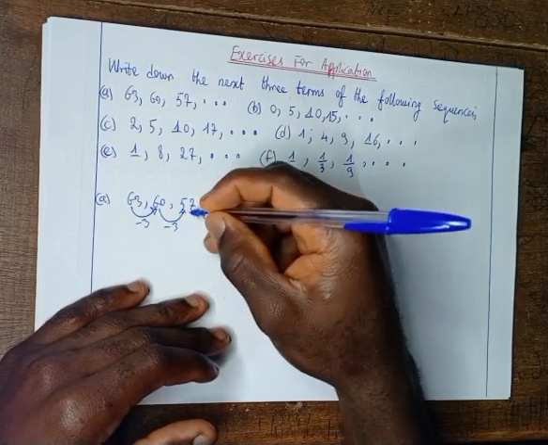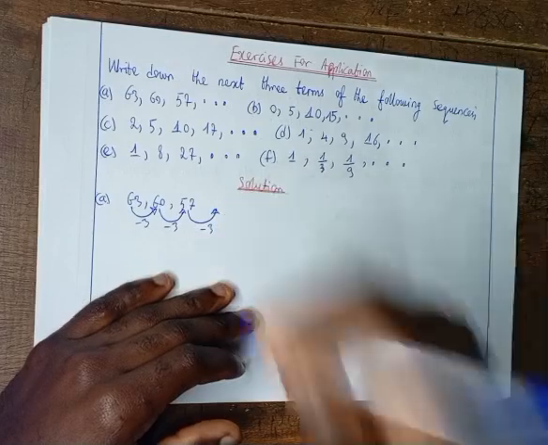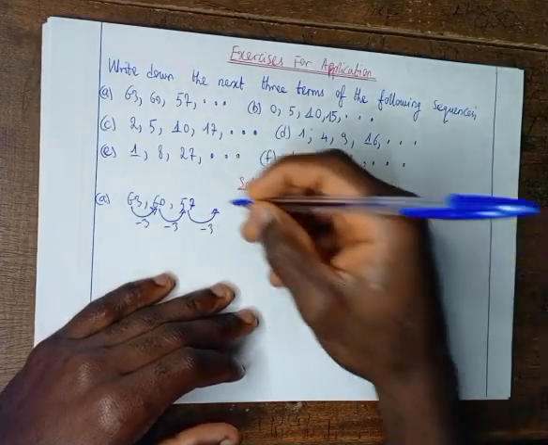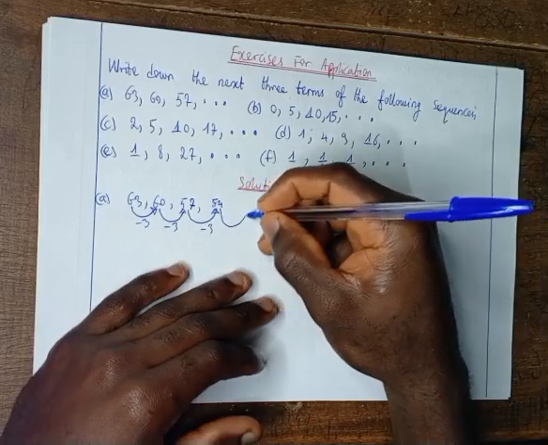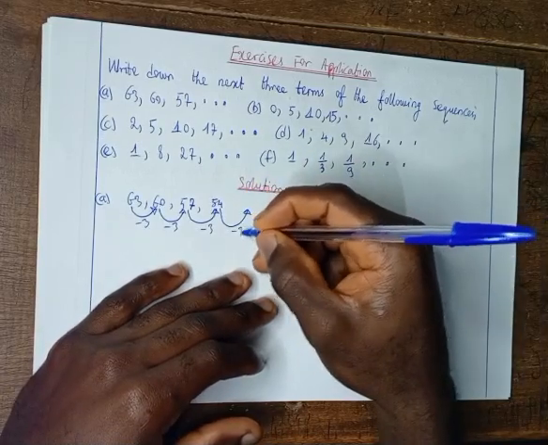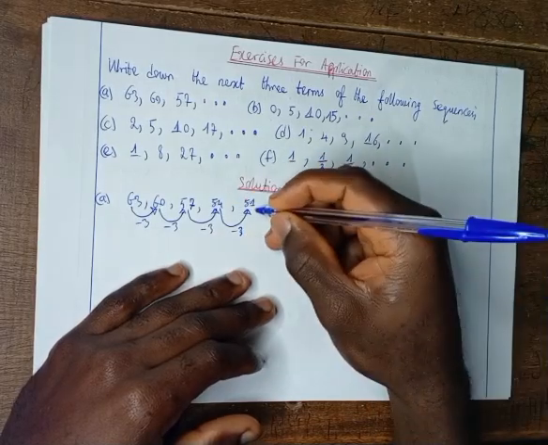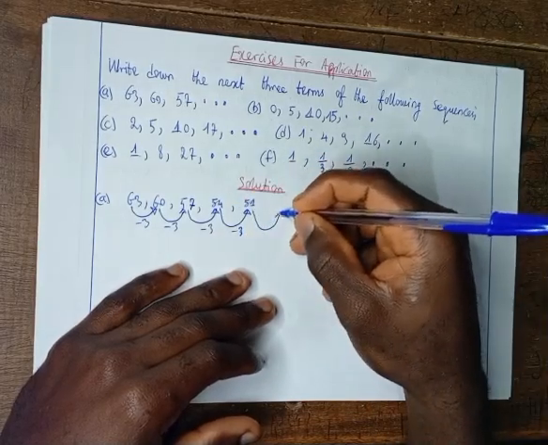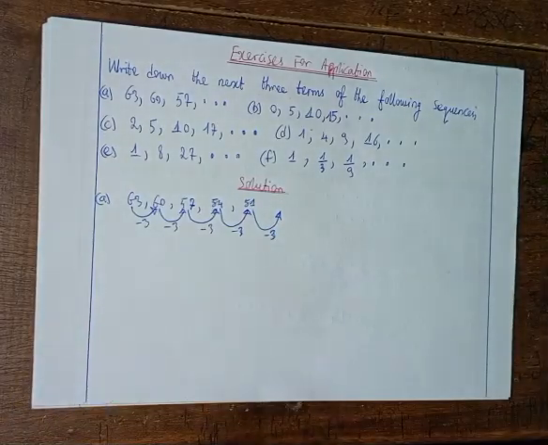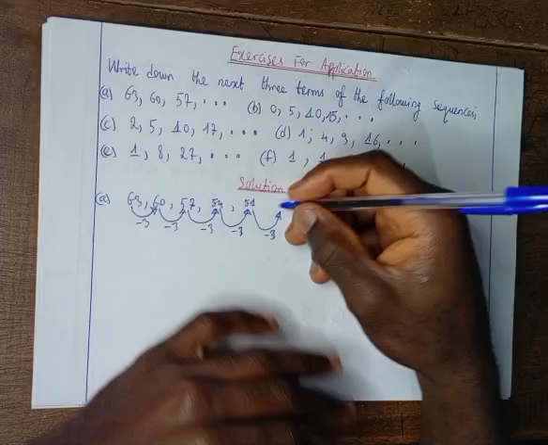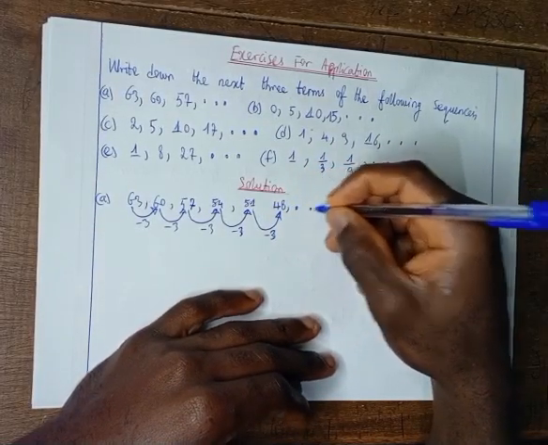The next term, we subtract 3 from 57. 57 minus 3 gives us 54. 54 minus 3 gives us 51. 51 minus 3 gives us 48. We end with the 3 dots.